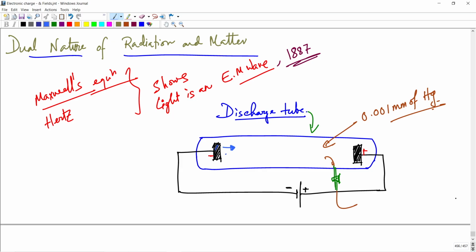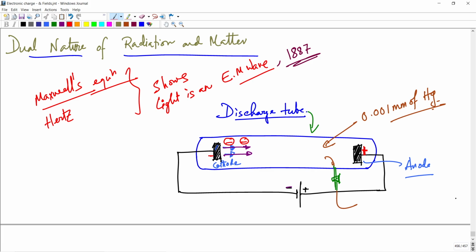This electrode is called the cathode, and this plate is called the anode. So there is an electric field, and some charged particles released from the cathode move towards the anode, because there is an electric field.